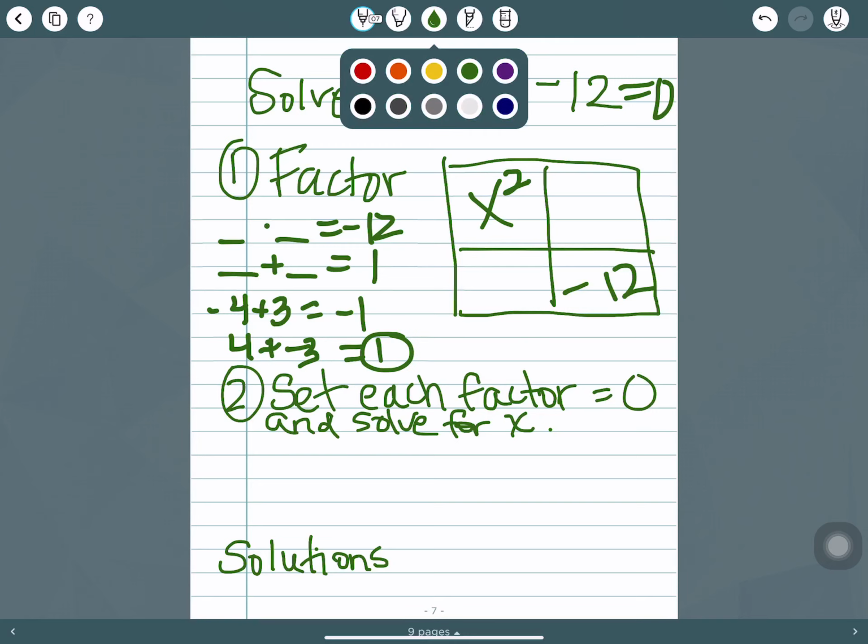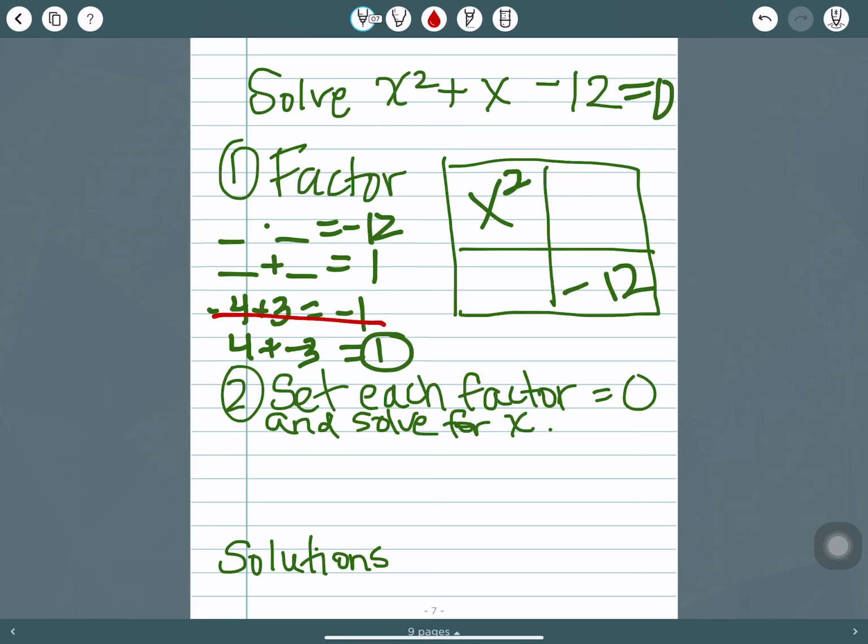So that doesn't work. So these are going to be our x terms. So I'm going to do 4x and negative 3x. Then once I've done that, I can factor it.